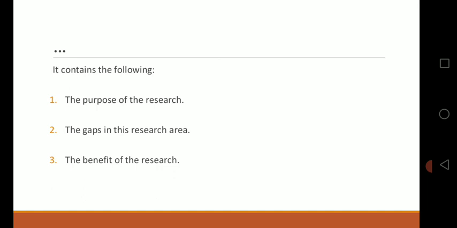We compose this section by defining these three parts, writing them, and formulating them in sentences, formulating a paragraph.